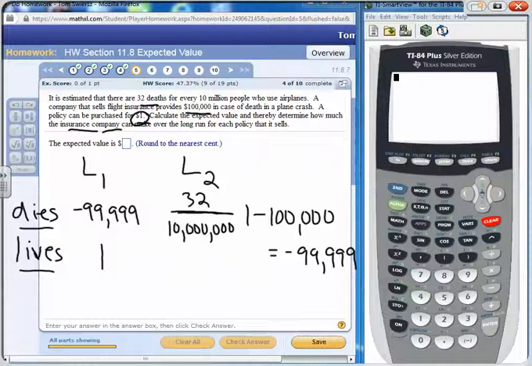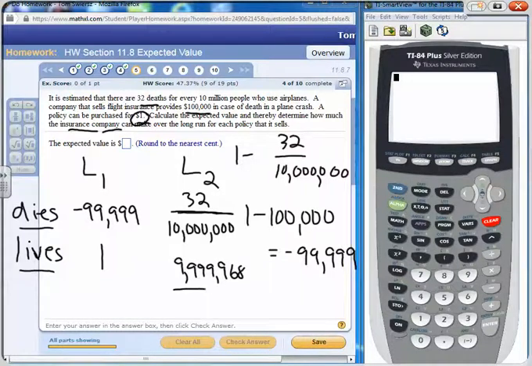So the probability of living is 1 minus 32 out of 10 million, which if you do the math on the calculator, you'll get 9,999,968 over 10 million.